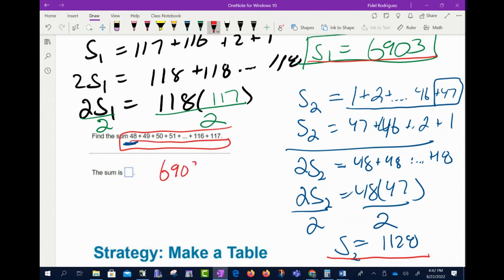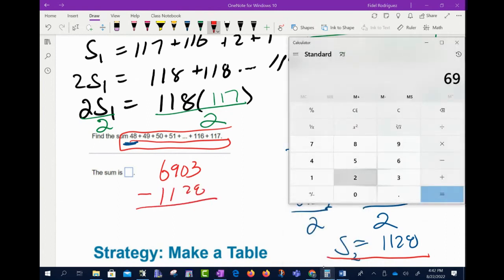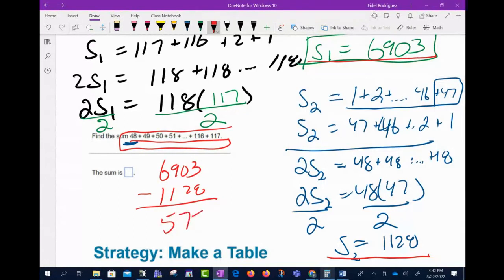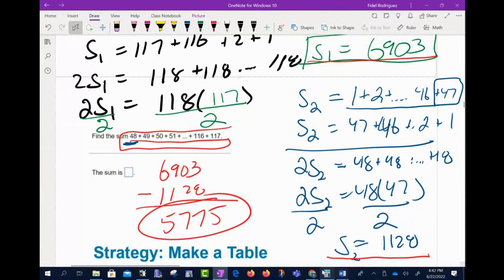So I would take 6903 minus 1128, and that would leave me with 5775. And there's my answer, right?